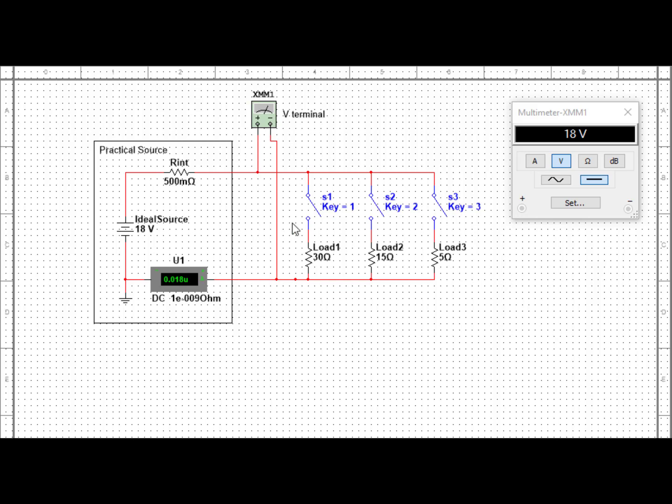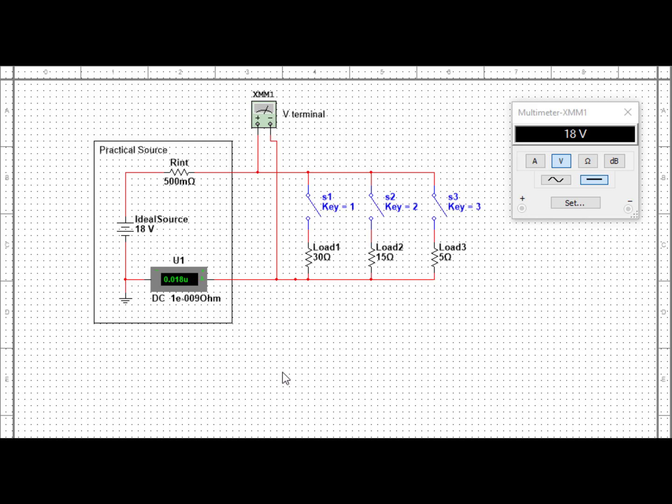So look at how I have all of them open at the moment. With all of them open, this is representing our terminal voltage, or what is otherwise referred to as open circuit V terminal, no load voltage it's called, V terminal, open circuit. All of these terms that I just used are describing what we see here.